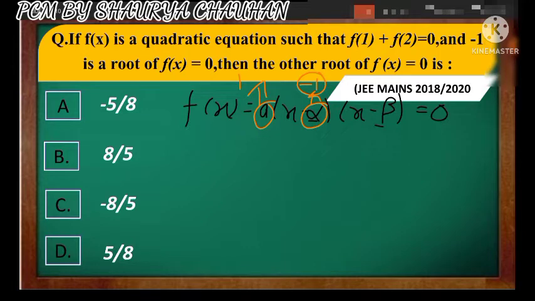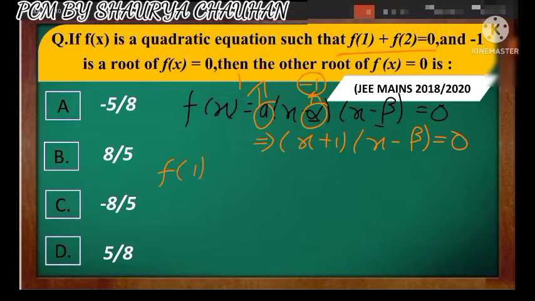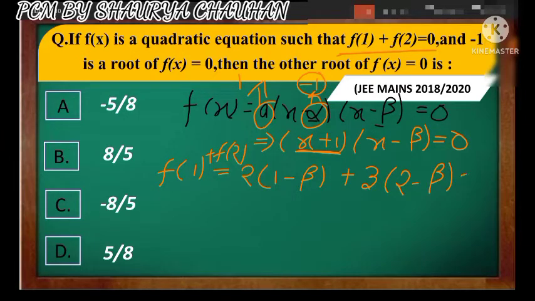After putting the value of a and alpha, it will become (x + 1)(x - beta) = 0. Now the important thing is we have given f(1) + f(2) as 0. So firstly we find f(1), which will be 2(1 - beta), and plus f(2), which is 3(2 - beta), equals 0.